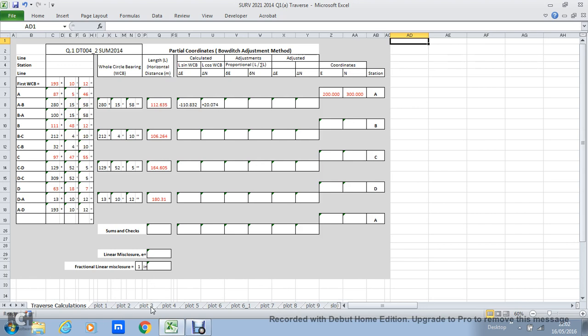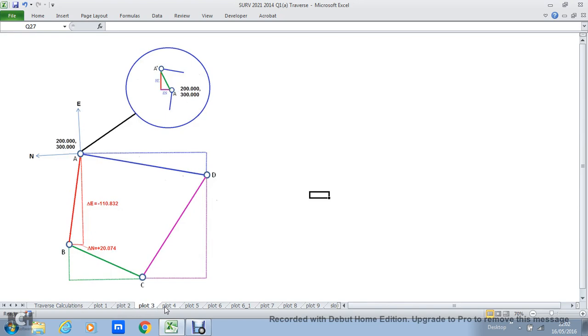Now if I come here, you can see that I've shown it here, our coordinate of point A is 200, 300. Our delta E here is minus 110.832, and our delta N is plus 20.04. Now if you remember, this is our easting here, so basically the easting is increasing in that direction, so it's decreasing in this direction, and that shows that the negative value there makes sense.